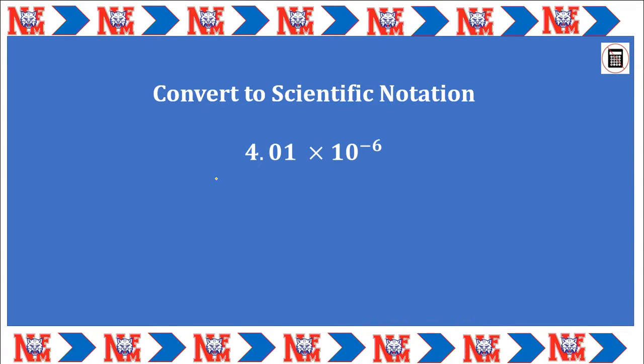Okay, now let's convert to scientific notation. This says convert to scientific notation. That really should say convert to standard form. It is in scientific notation. Okay, so standard form. So this exponent tells me that it's going to be a very small number because of the negative.